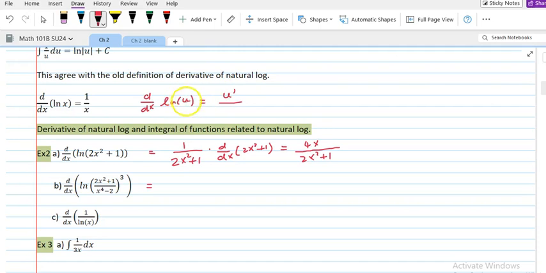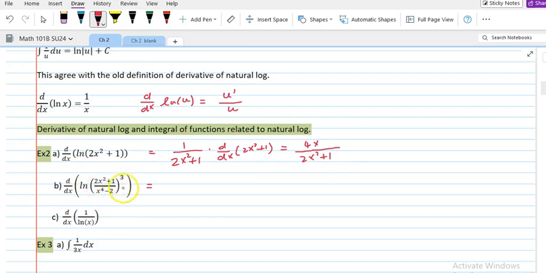You have u in the denominator because that is 1 over it, and then u prime will be in the numerator. Does that make sense? So here, I have ln of 2x squared plus 1. I'll put 2x squared plus 1 as a denominator, and then the derivative of 2x squared plus 1 in the numerator. Do the same thing here, but this one is very complex.